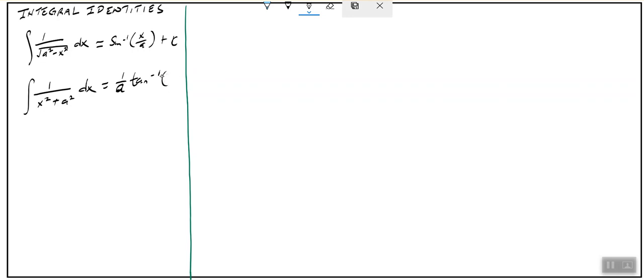Let me rewrite this. So 1 divided by a tangent inverse of x divided by a plus c. And this is how you find these identities.